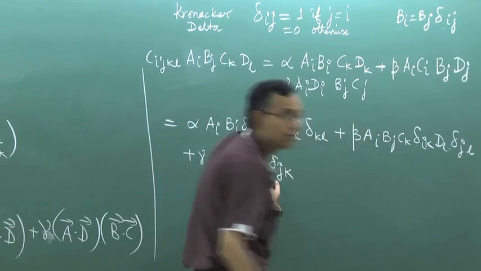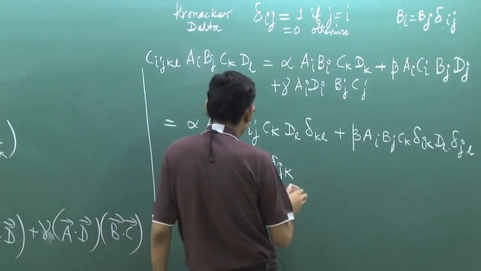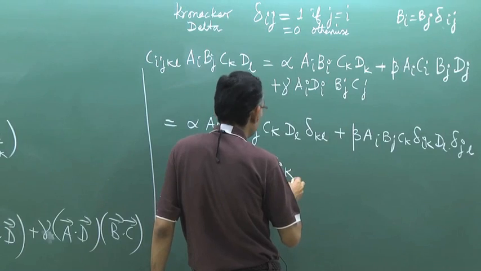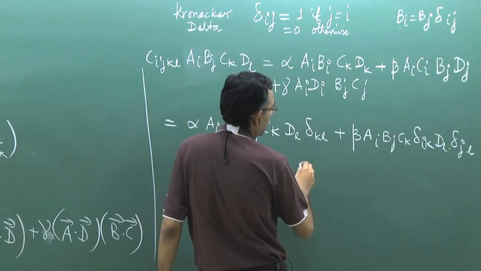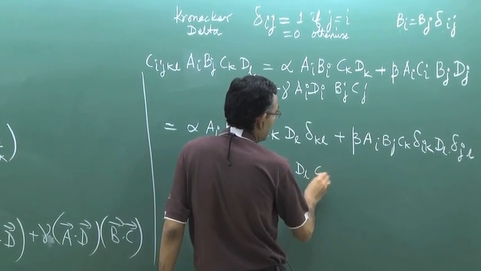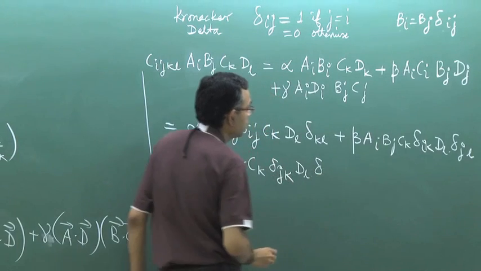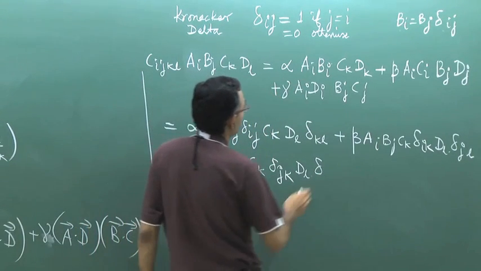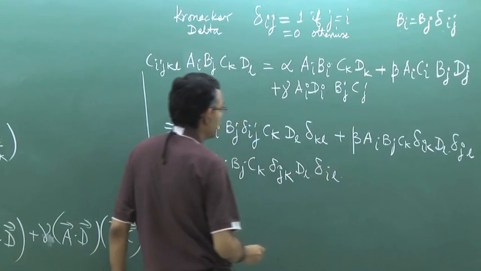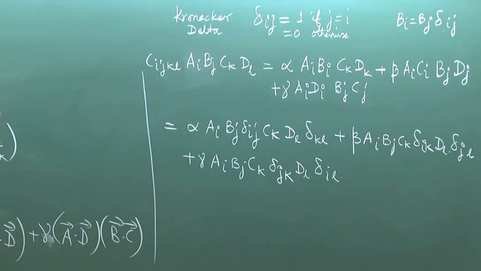Then D_l delta il, right? So from here what we can write?